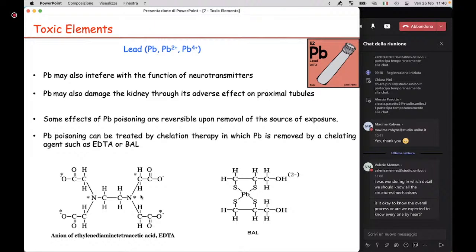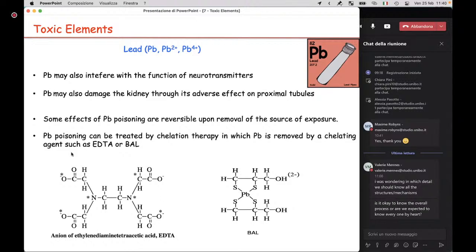And you may remember that all heavy metals are very attracted by those kinds of groups, exactly carboxylic and amino groups. So their mechanism of toxicity is by binding to carboxylic, amino, and thiol groups. So if we administer some substance like this that contains a large number of carboxylic and amino groups and of thiols, of course, this means that they will react very easily with lead and with other heavy metals.